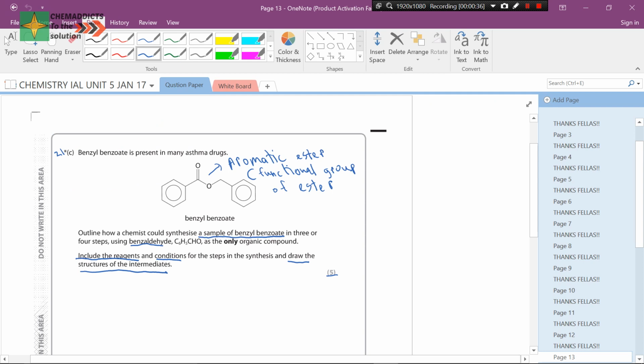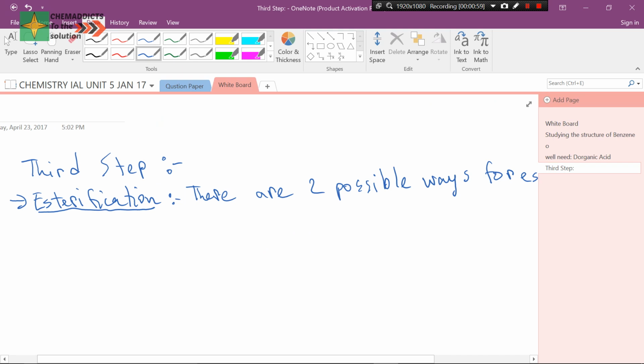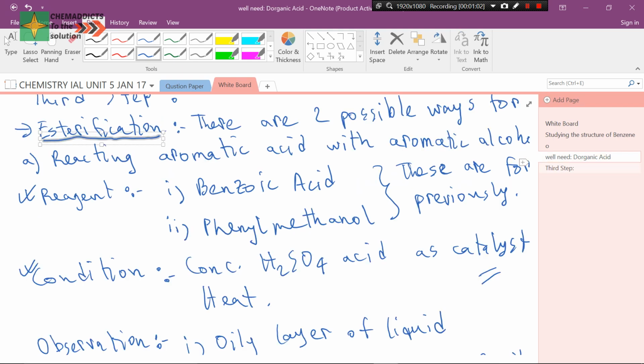We were solving this question paper. We need to form benzyl benzoate. They have asked us to include the reagents, conditions, and draw the structure of intermediates. Let us review once again.